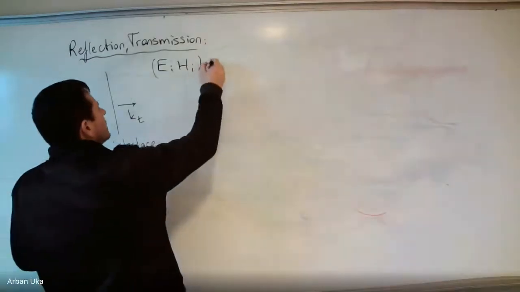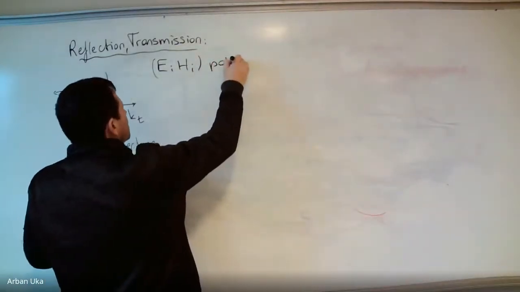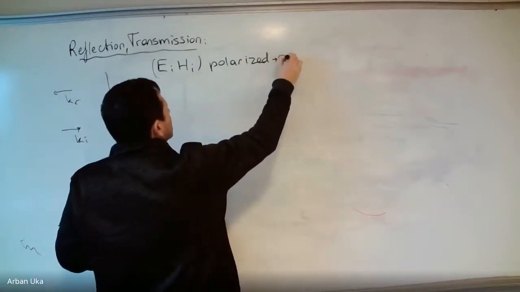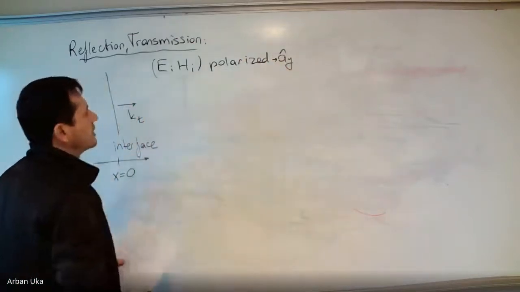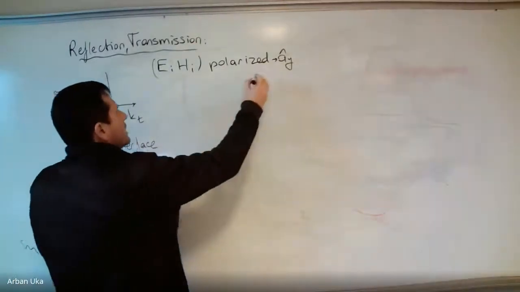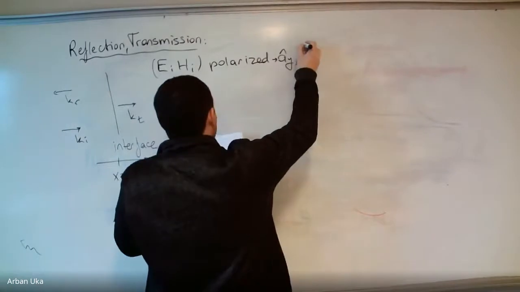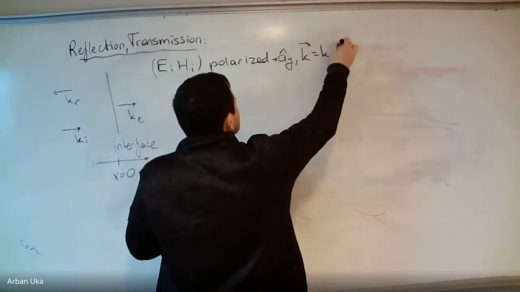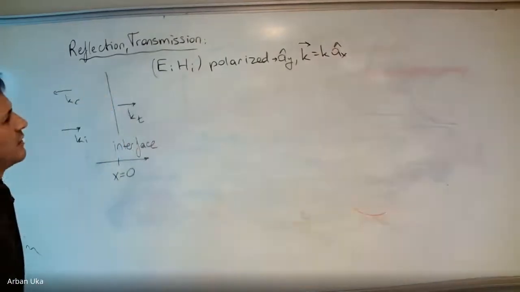So for this wave, the polarization is AY. Okay, so let's say this is how it is polarized. Then we have also the K, the propagation vector. This is equal to K times AX.